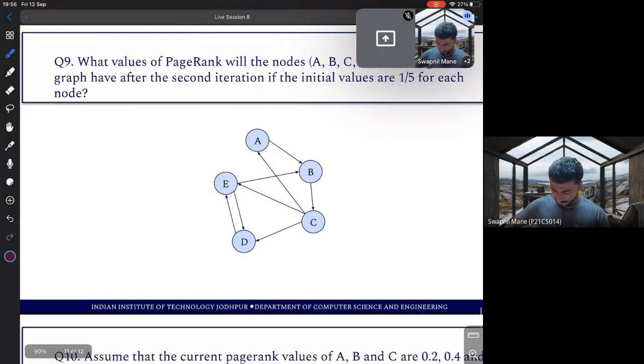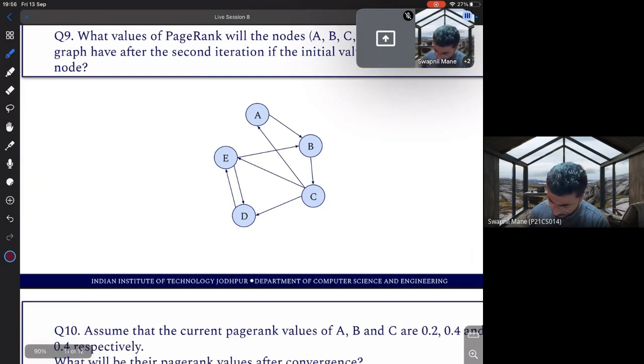Let's first define how the A, B, C, D, E values are updated at each iteration. We have to quantify them by their incoming and outgoing edges. Like in the previous example, where we constructed a matrix A based on the graph, we need to write expressions for each node.